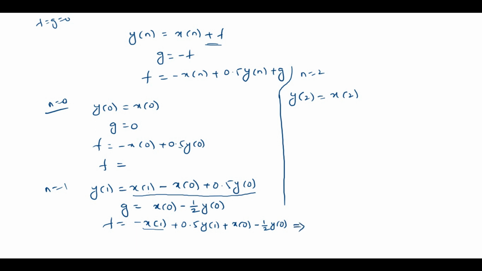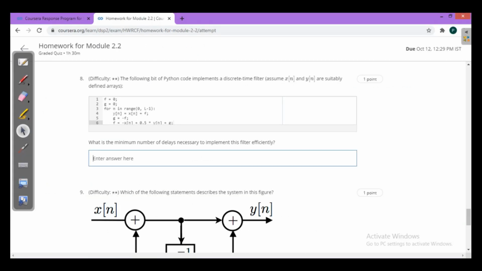This I am writing as 0.5 y of 1 minus y of 1, which is nothing but minus 0.5 y of 1. Now see here the f value is minus 0.5 y of 1. When you are finding y of 0, there is no need of anything. For y of 1, these two combined you can write as minus 0.5 of y of 0. So it depends on only the previous samples. When you are finding y of 2, it depends on only y of 1. So there is a need of only one delay.